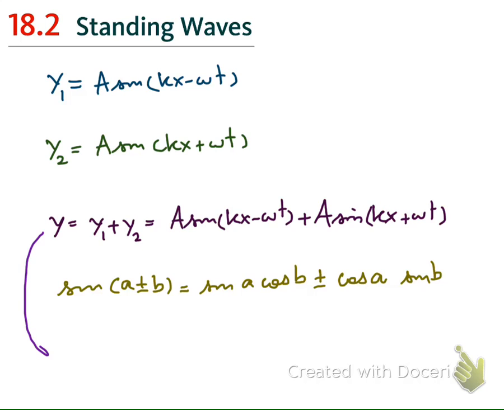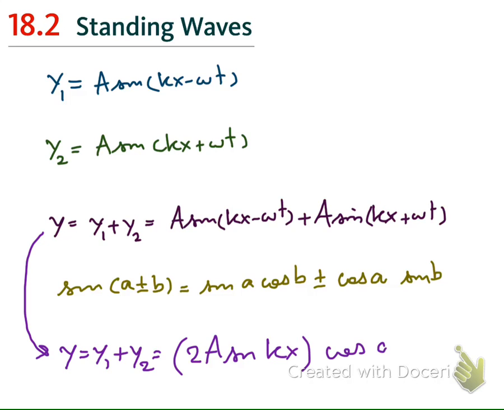the resulting superposition y equal to y1 plus y2 is equal to 2a sine kx times cos omega t.